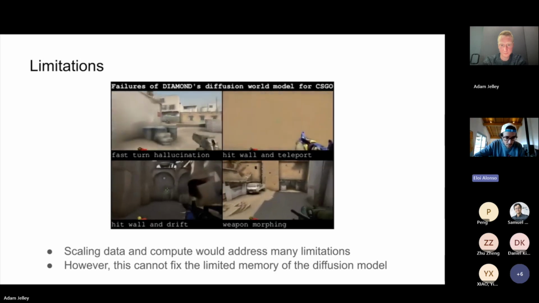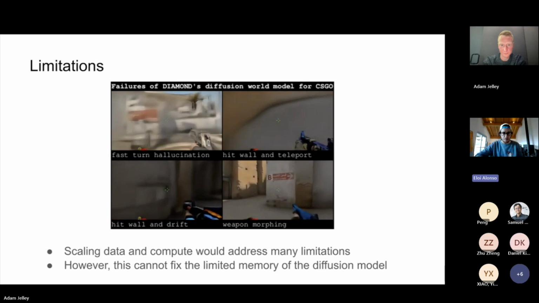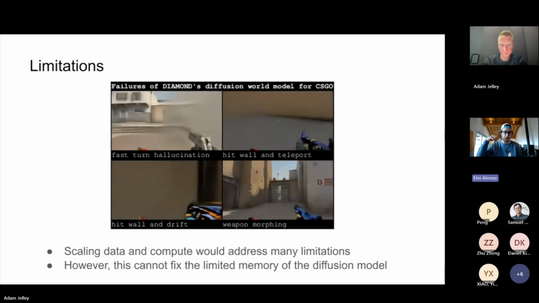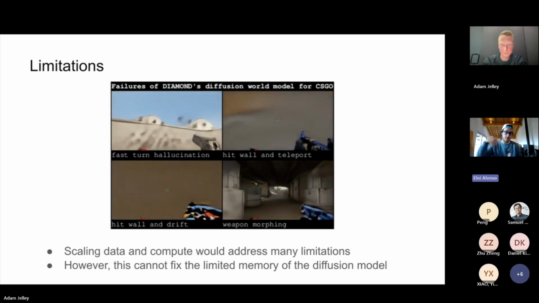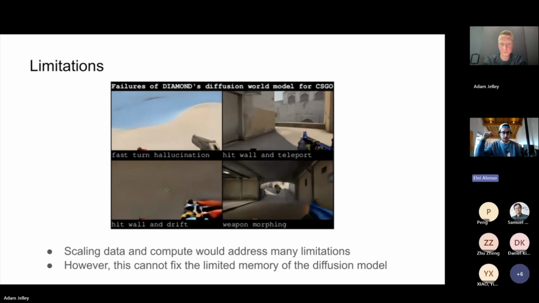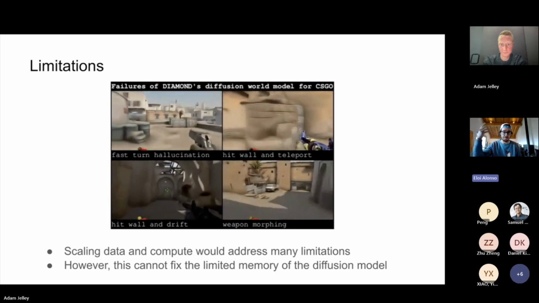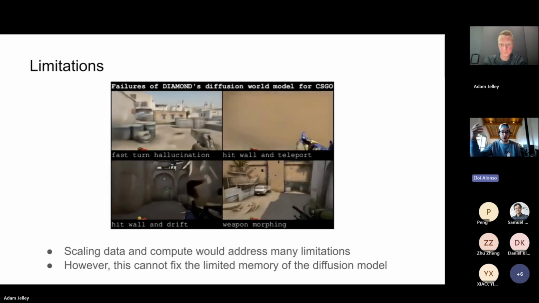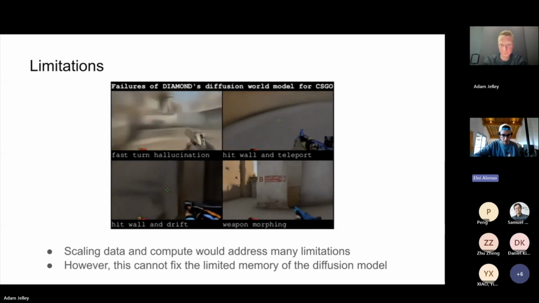The second and third ones are kind of the same: when you hit a wall and then walk back, you very often end up being teleported somewhere else on the map. That's easily understood from the fact that we have a very short memory of the past. If you hit a wall, you lose track of where you were, and so the model just generates a new place to go.